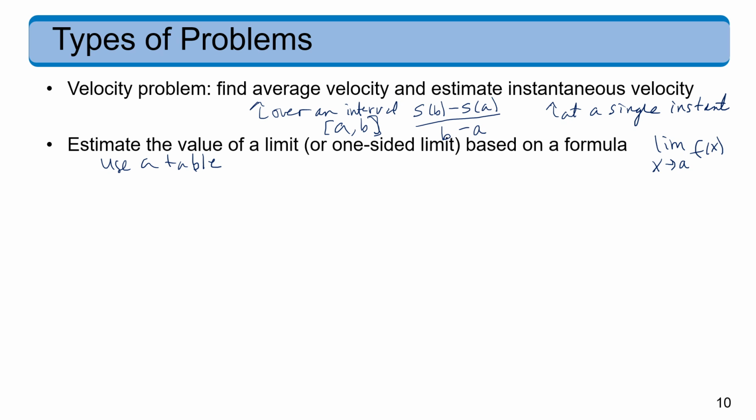And you might also choose them approaching a from the right, getting closer and closer to a, or whatever that number is. And then calculate all the f of x values that go with your x's, and then look at the table and see if the f of x's seem to be getting closer and closer to some number. If they appear that they are approaching some number, then you would guess that number is the value of this limit.